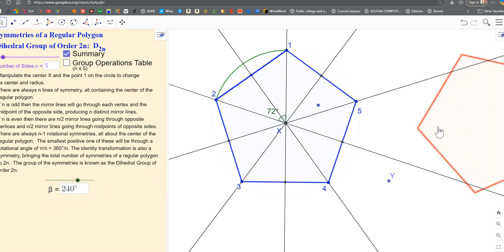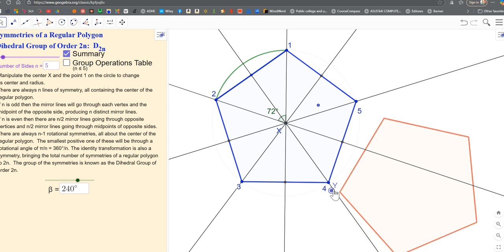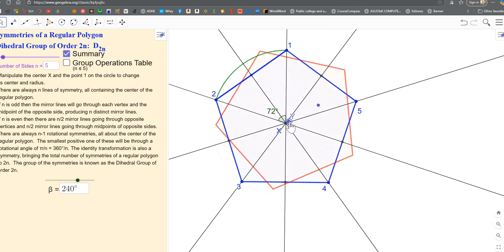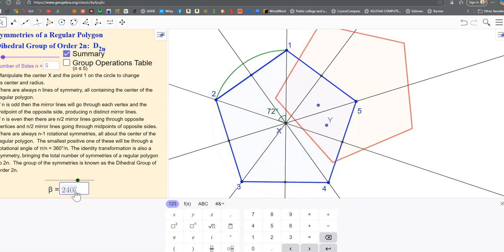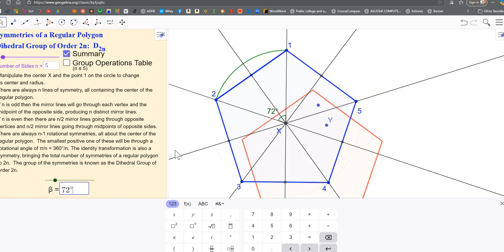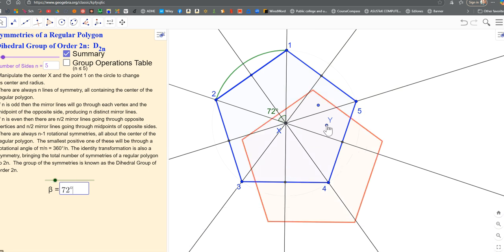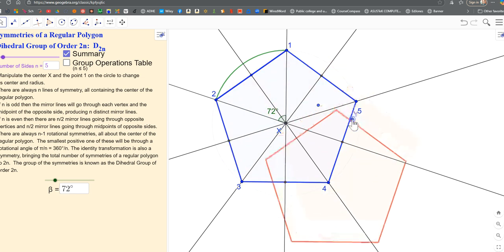So again, if I try to rotate by something here, if it's not the right center, it doesn't really matter. I could go to 72 degrees here, but not with that center, and it still doesn't line up. But if I line it right up on there, yeah, that does line up.